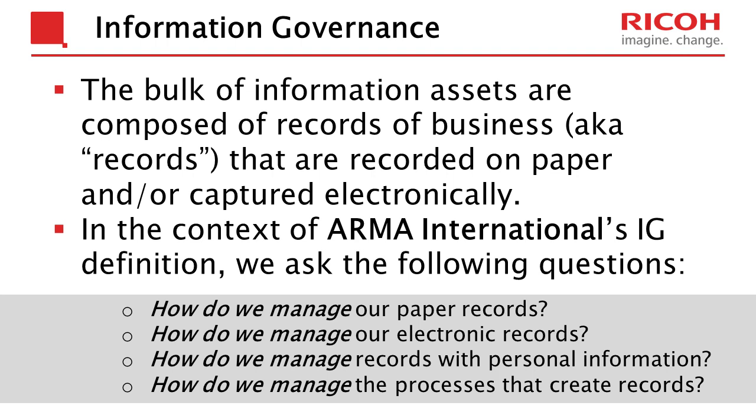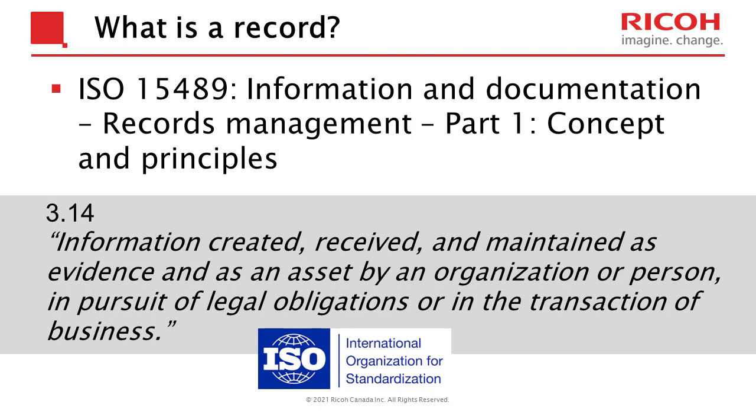But not all our information is personal information. So what about the rest of the information, the rest of the different types of information? How do we manage that? So we look at records management. Right? So we need to first define what is a record.